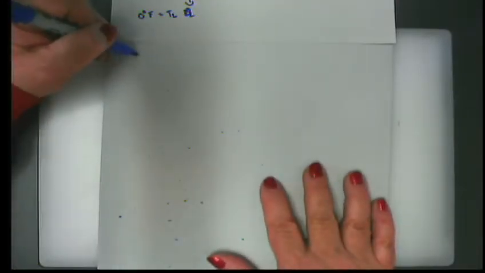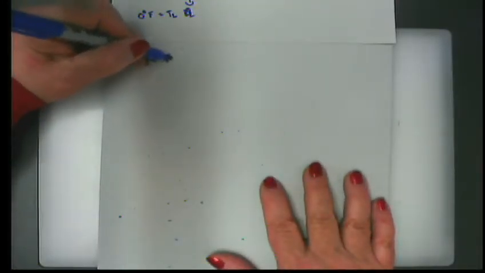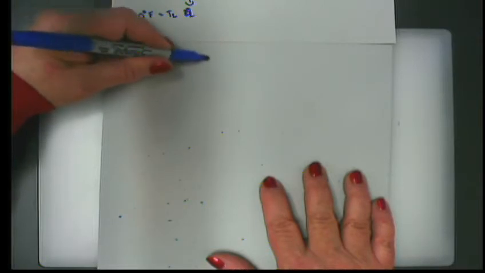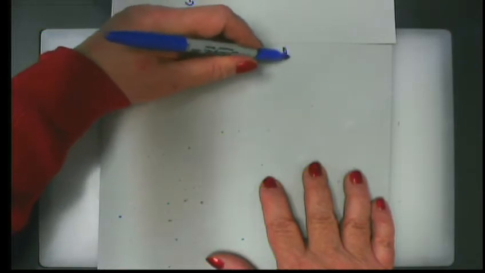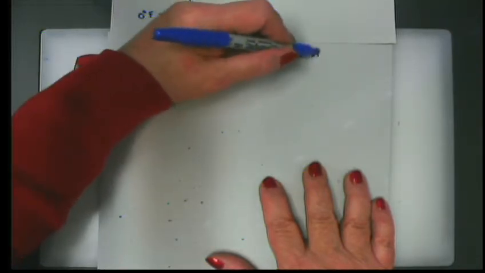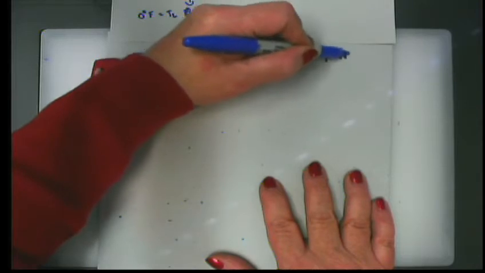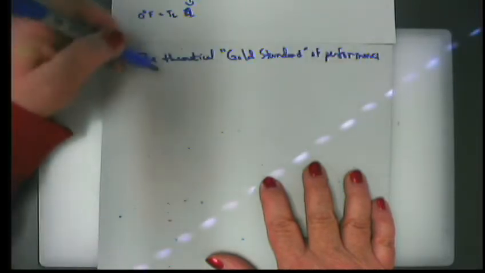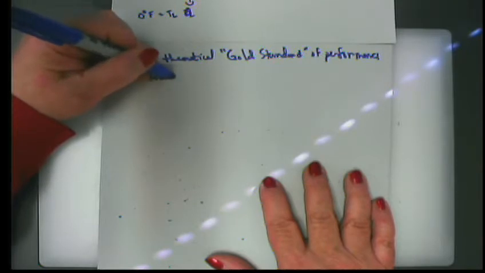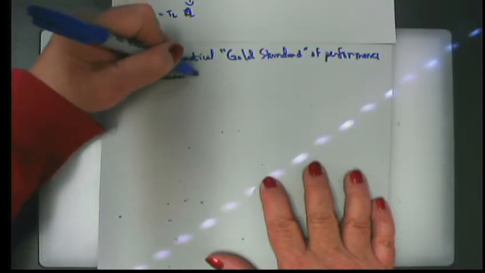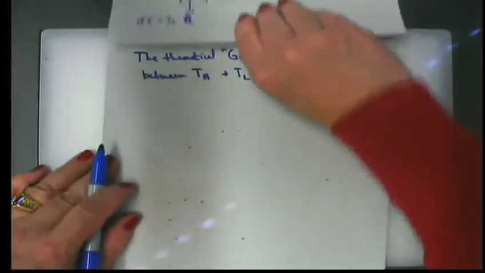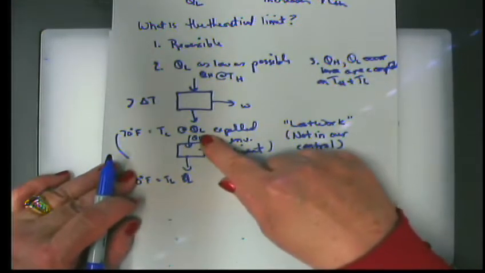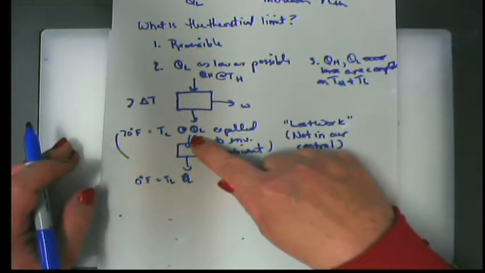All right, so this type of cycle is the theoretical gold standard of performance between a particular T sub H and T sub L. In other words, I didn't even really talk about this, but just like I said, if we could lower T sub L, we would get more efficiency.